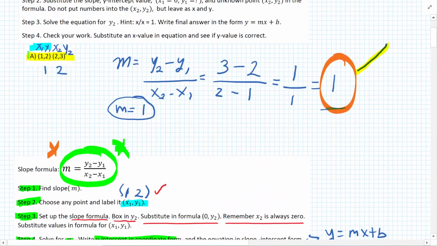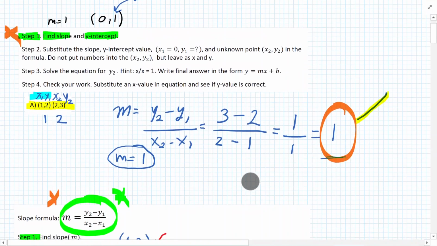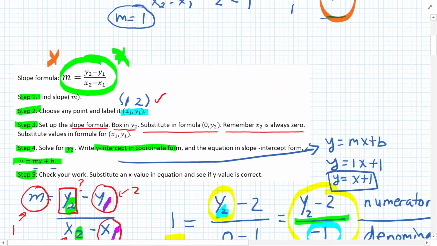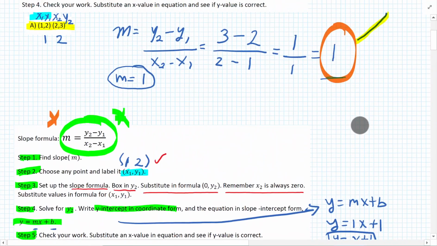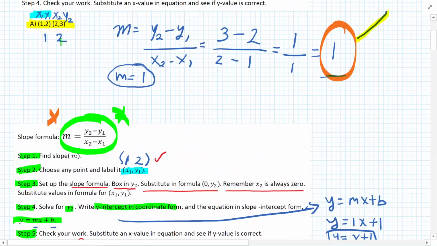When we started the problem, we had the point 1, 2, and 2, 3. We have another point, 0, 1. We have 3 points now that we know about, because we knew this was a linear equation and these points were on a line. Now that we have an equation, we can have an unlimited number of points, but I think it would be appropriate to test 1 or 2. Let's do number 2.